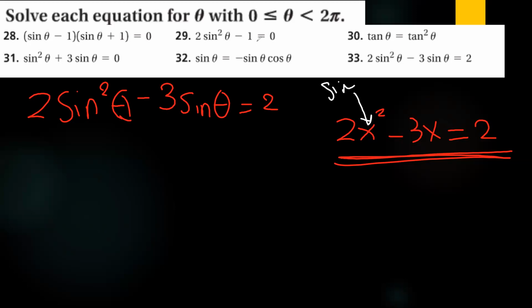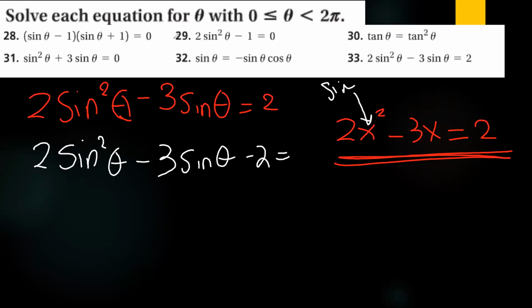Before that, let's rewrite it as a quadratic equation: 2 sine squared of theta minus 3 sine of theta minus 2 equals 0.